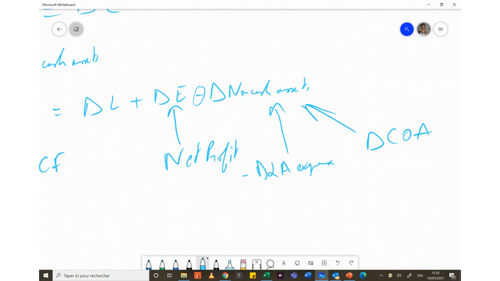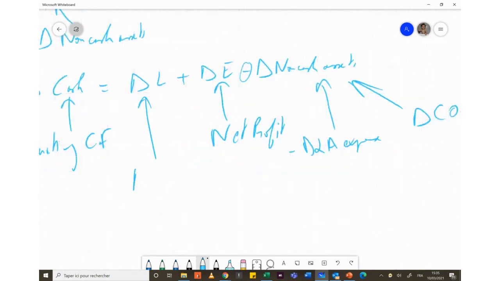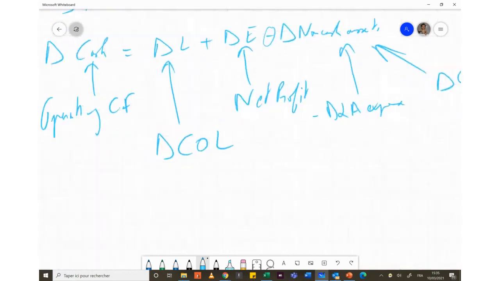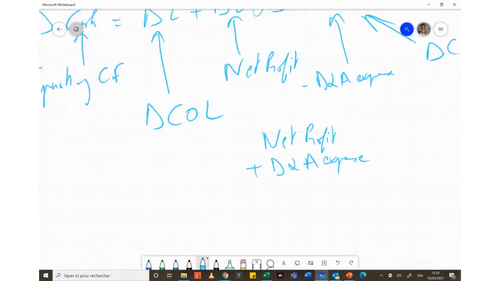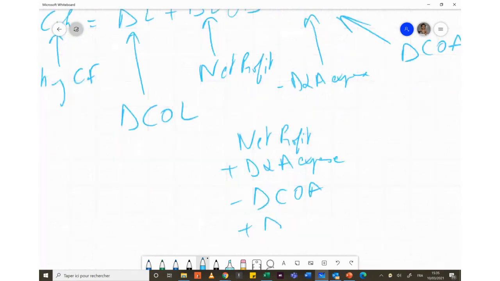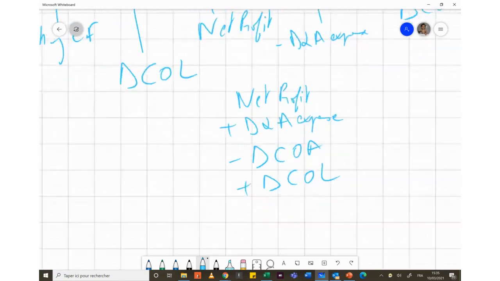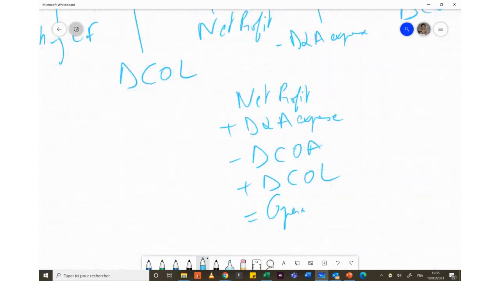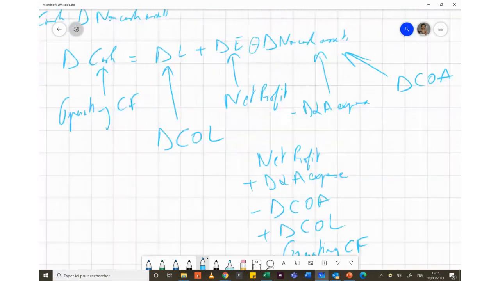In the change in the liability, we have all the change in the current operating liabilities. And again, you have the classical calculation, net profit. Step number 1, I eliminate the D&A expense. Step number 2, I have the minus before the non-cash assets, minus increase in current operating assets, plus increase in current operating liabilities is equal to the operating cash flow. So you see, you can have the same with the change in your balance sheet.